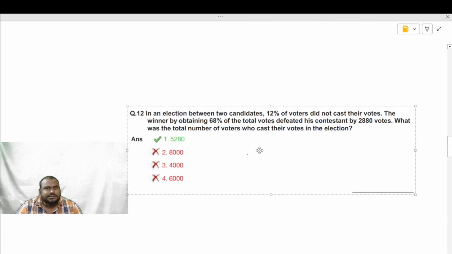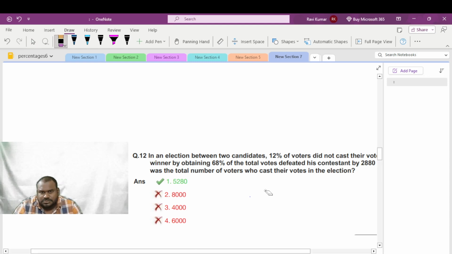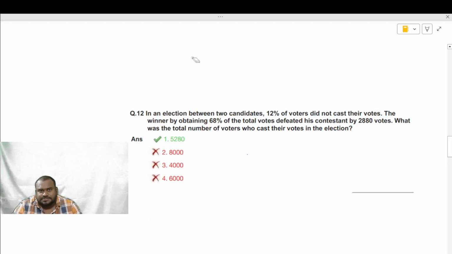So in an election between two candidates, 12% of the voters did not cast their votes. 12% did not vote.